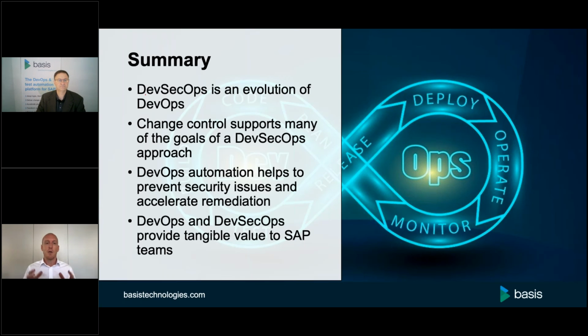And we've looked at how change control automation supports many of the goals we might have in a DevSecOps approach, in a more security-minded approach, and some of the specific ways that automation can support that, particularly in SAP. And we also just very briefly looked at the end with that customer example at how DevOps and DevSecOps can really provide value to SAP teams today.